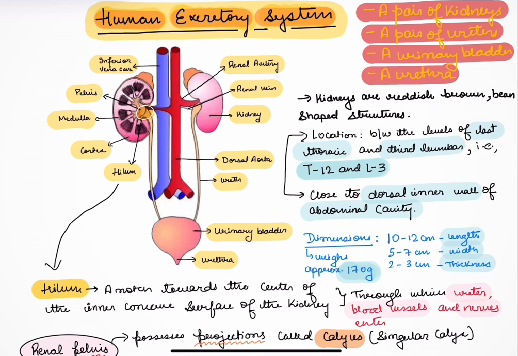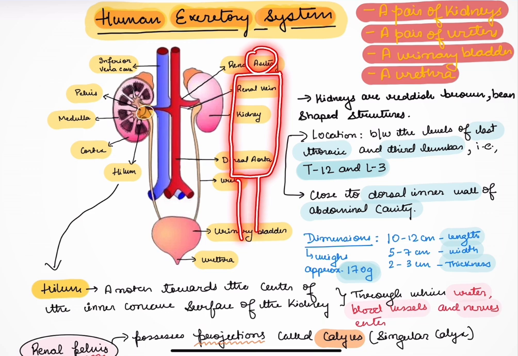Also, it is said that the kidneys are close to the dorsal inner wall of the abdominal cavity. Now, of course, we'll look at the diagram, but just to get an idea of what the dorsal inner wall of the abdominal cavity is, let's consider that this is a person standing sideways, and this is the abdominal cavity. So we are viewing this abdominal cavity from the side.